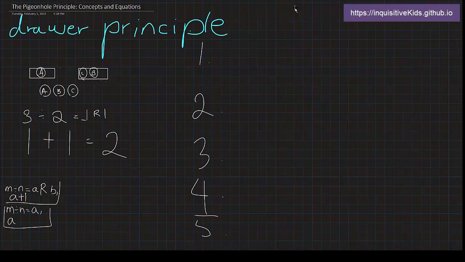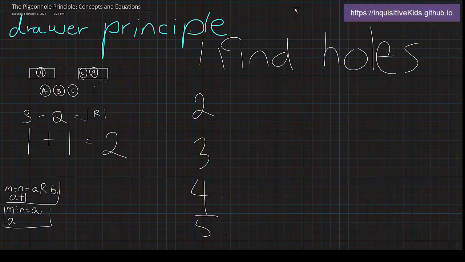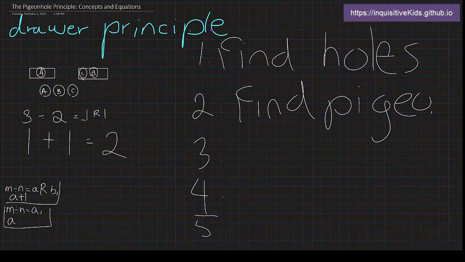The very first one is to find what your holes are. In these problems, they're not just going to be about pigeons. That would be way too boring. They're going to have diversity, so it's going to be different types of things. Sometimes it won't even tell you directly in the problem. So first find the holes. Then you're going to want to find the pigeons, how many pigeons there are.